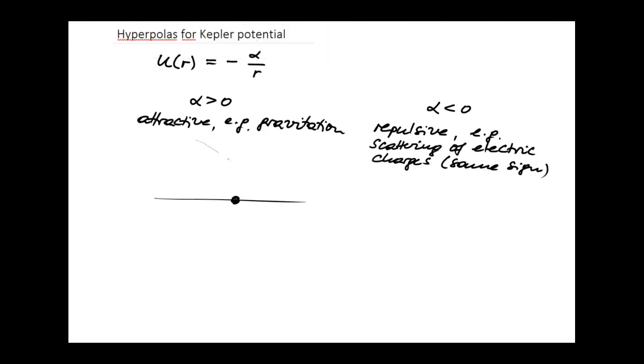You have asymptotically free motion. So think of this black dot as the sun, and the other particle, sort of a small comet, comes from outside the solar system, enters the solar system.